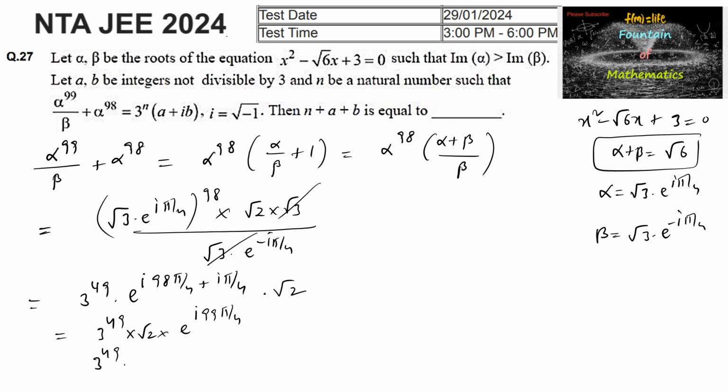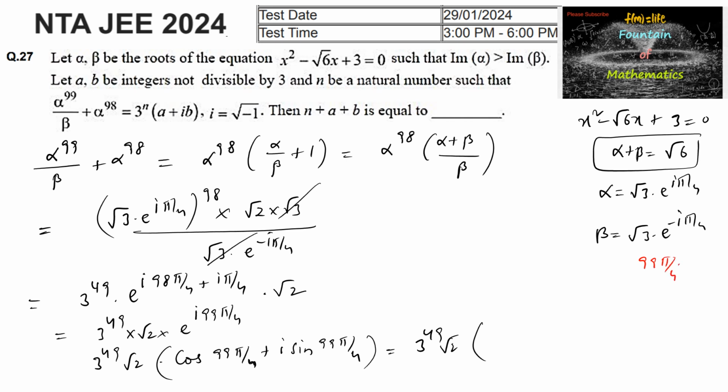Which can be written as e to the power of i 99 pi by 4, we can write cos 99 pi by 4 plus i sin 99 pi by 4, which is equal to 3 power 49 into root 2, and cos 99 pi by 4. 99 pi by 4 we can write as 24 times pi plus 3 pi by 4.